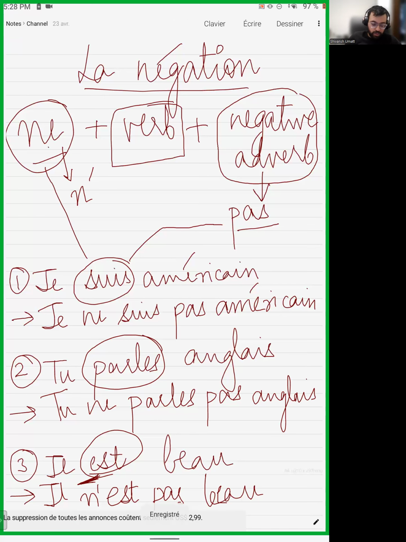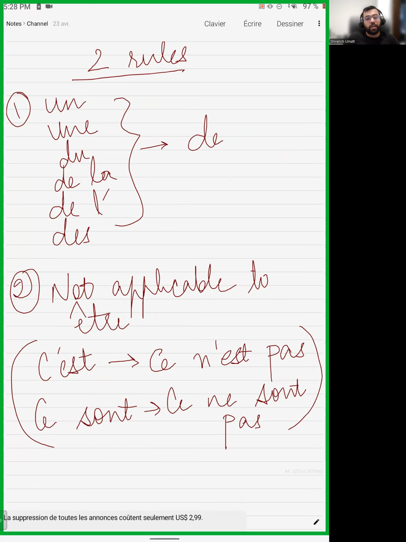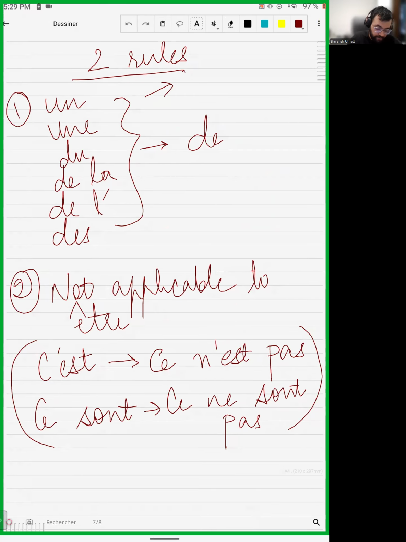Now, let's move to the next important part. Here I have given you two important rules regarding negation. First rule: when you have a negative sentence where you're using ne and pas or any other negative adverb, and you have certain words that express quantity, these are all words that express quantity: un, une, du, de la, des. Des means some.